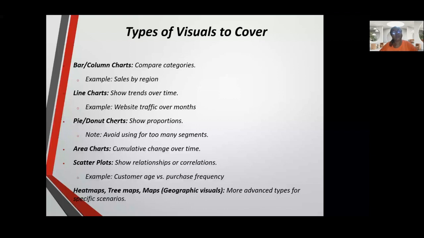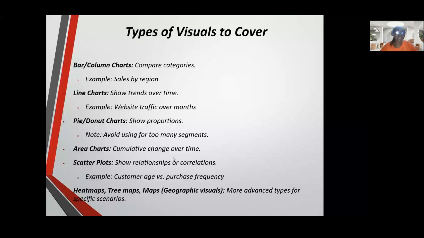Then you have the pie or donut charts. This shows proportions. Avoid using them for too many segments. If you have a lot of categories, don't use the pie or donut charts. The area chart is used for cumulative change over time.